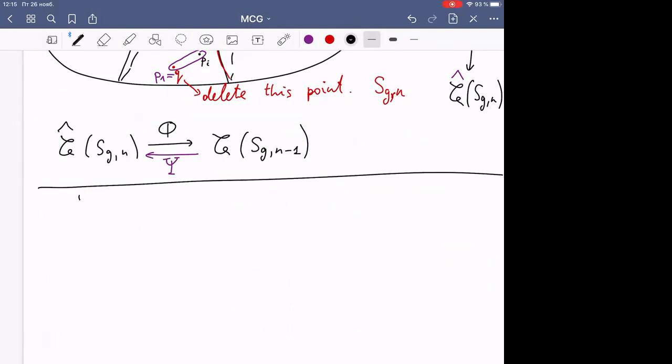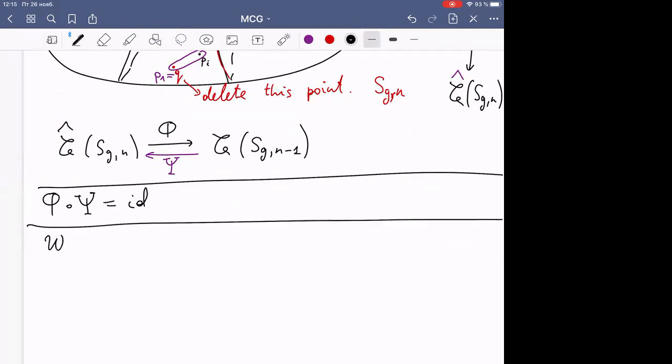If we apply psi first and then phi, then this is just the identity. So we need to prove the other composition is not the identity. I would just like to show one example in a moment. So we need to prove that the second composition, phi first and then psi, is homotopic to the identity map.